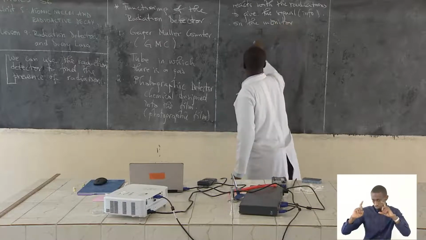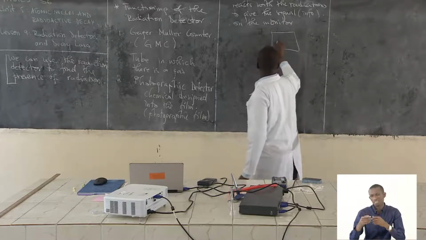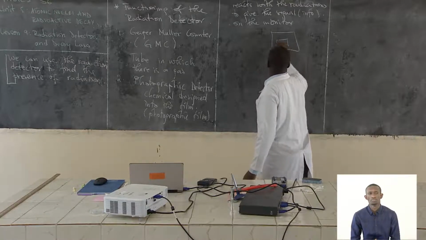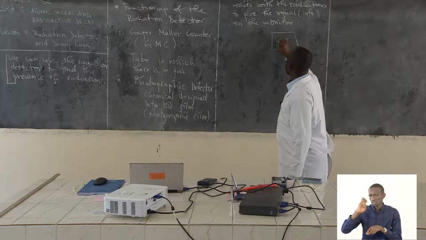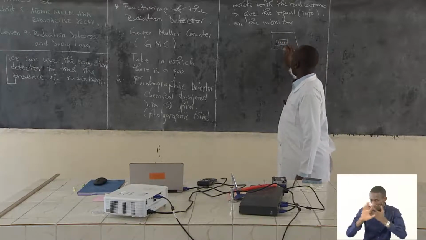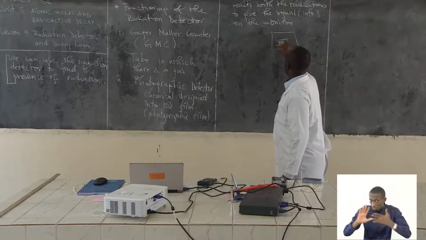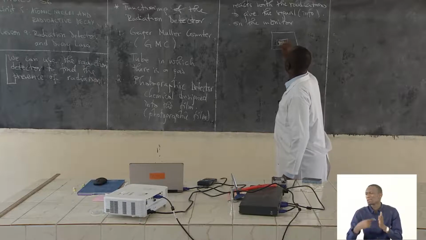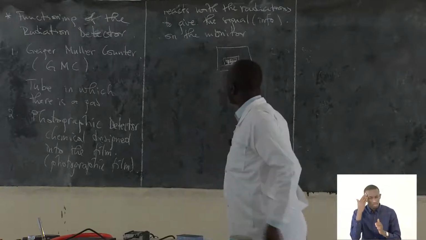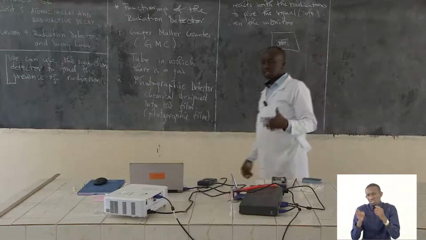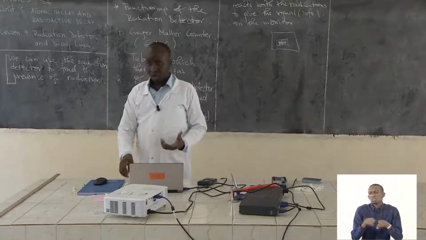So the monitor that I'm saying is this kind of screen, on which you may have the value, and this value can tell you how much of this radiation you are being exposed to. This is, let's say, 7, and it may be a kind of watch. I hope you understand that.